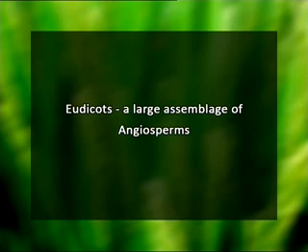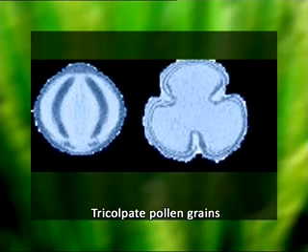The fourth group of angiosperms is called eudicots. Eu means here the true dicots. It's a large assemblage of angiosperms which is characterized by many apomorphies. Apomorphies means the sheer derived characters. The apomorphies in eudicots are: number one, the tricolpate pollen grain.